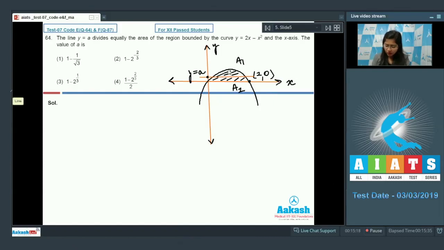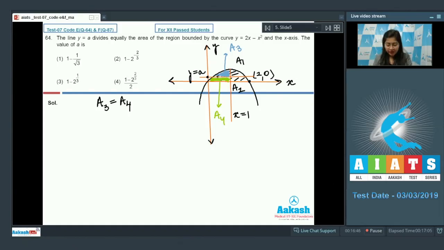Right? Now it can also be seen that, let us say this is the line x equal to 1. So we can say that the area on the right of the line x equal to 1 is equal to the area on the left of the line x equal to 1. Let us say this area is A3 and this area is A4. Now we have the condition that A3 is equal to A4.